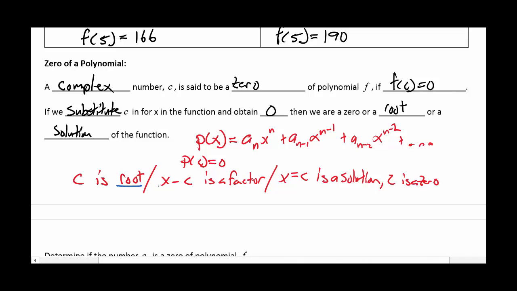So all of these words, root, factor, solution, 0, they all mean the same thing. And what do they mean? They mean where does it cross the x-axis? They're all very fancy words for saying x-intercept. They all have their different forms. x minus c is the factored form of the x-intercept, whereas x equals c is the solution form of the x-intercept. But we're all talking about the exact same idea, that they're interchangeable information with each other.